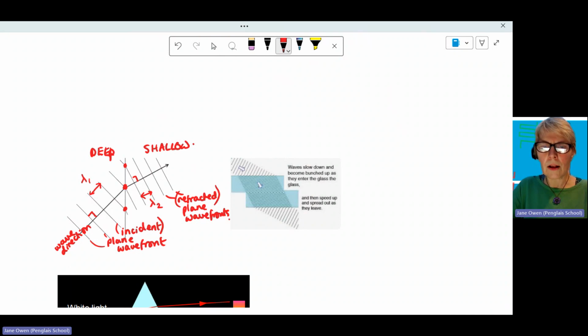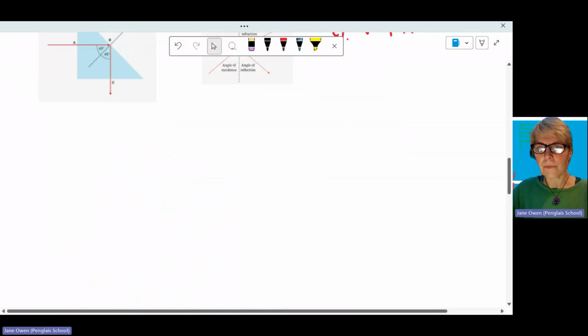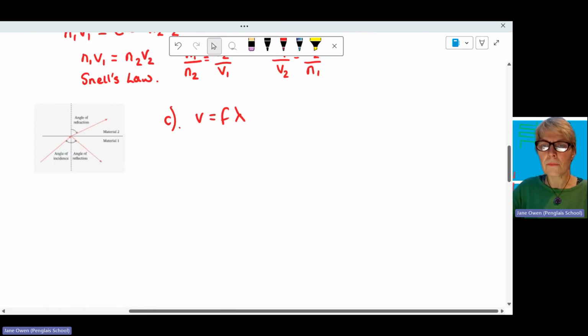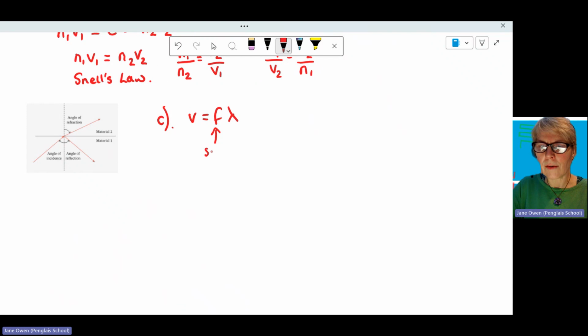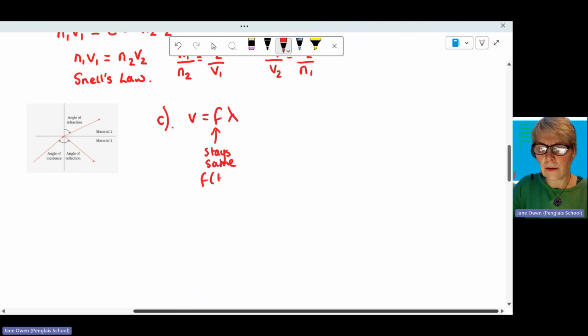So you've still got a line that connects, it's just that it's bent. So something does change in refraction, but the frequency stays the same. Frequency is measured in hertz, and it's the number of waves per second.